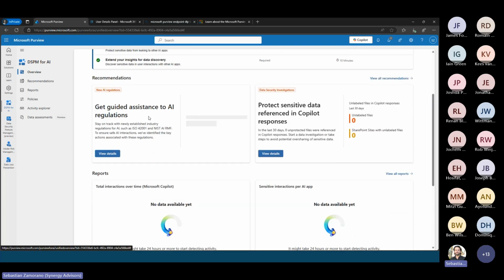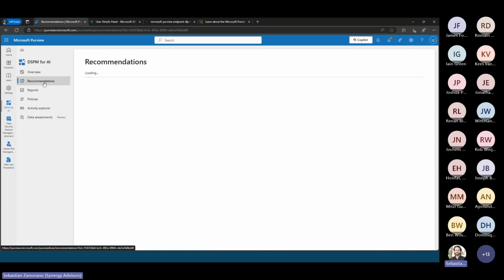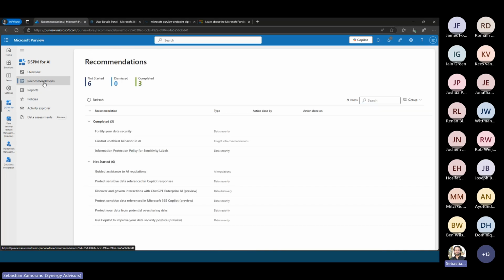Here we can start viewing information related to what is happening with the data. But the most important point, and I will not go in depth, is to go to the recommendations and start applying the different policies recommended by DSPM for AI.